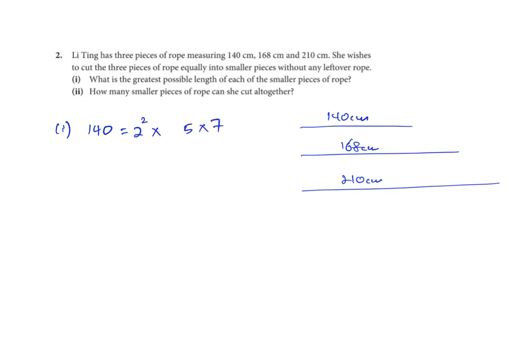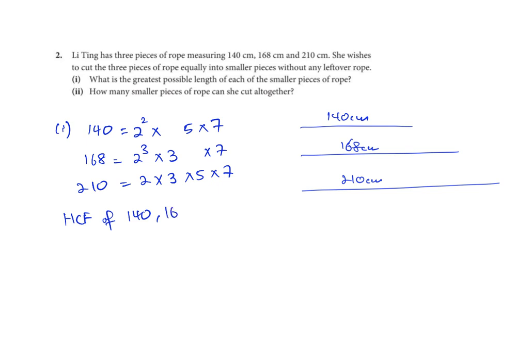140 is 2 squared times 5 times 7. 168 is 2 cubed times 3 times 7. And 210 is 2 times 3 times 5 times 7. So I need to find the HCF of 140, 168, 210. Let's take a look: 2 squared, 2 cubed, and 2, so the highest common factor is just 2 first.